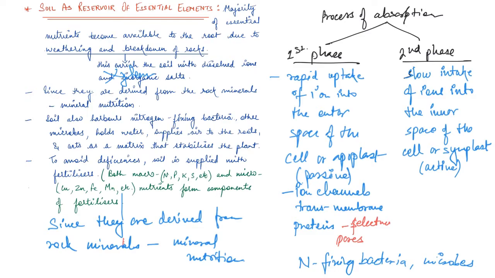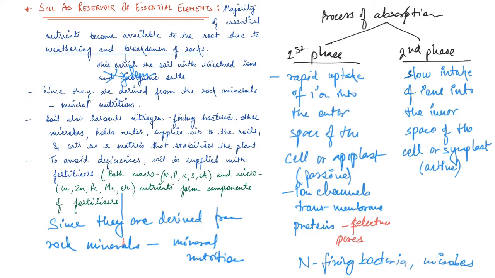Then it holds water as well, right, for the plant. It supplies air to the root as well. And then it also acts as a matrix that stabilizes the plant.